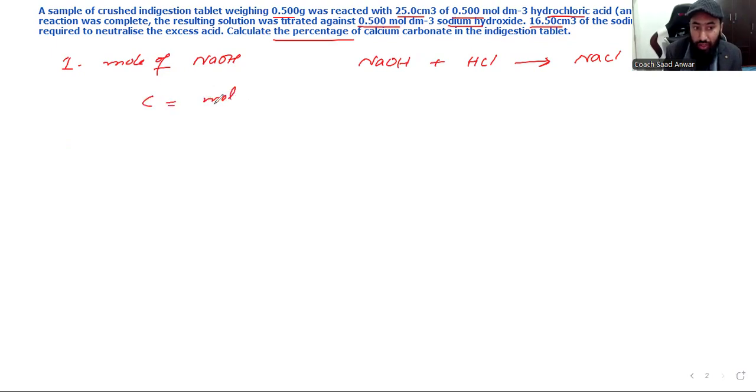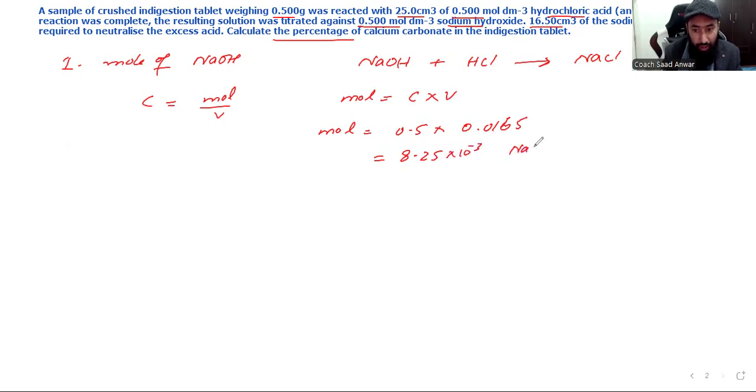Concentration is equal to moles upon volume, so moles will be equal to concentration times volume. Concentration is 0.5 and volume is 16.5 cm cube. So you have to convert this 16.5 cm cube into dm cube by dividing by 1000, and you will get 0.0165. Remember, in calculation, mistakes are common, so be careful. So 8.25 into 10 raised to power minus 3, this is the moles of sodium hydroxide.